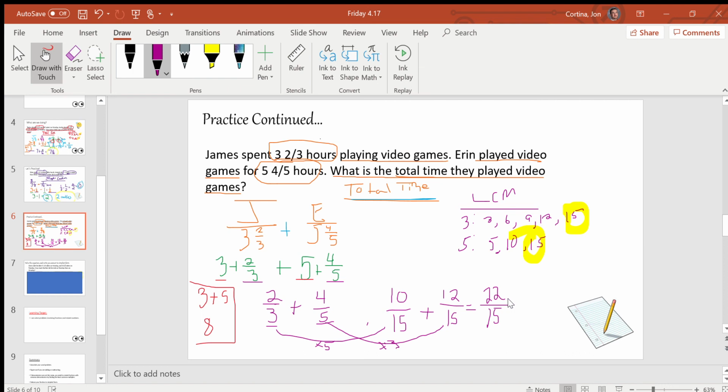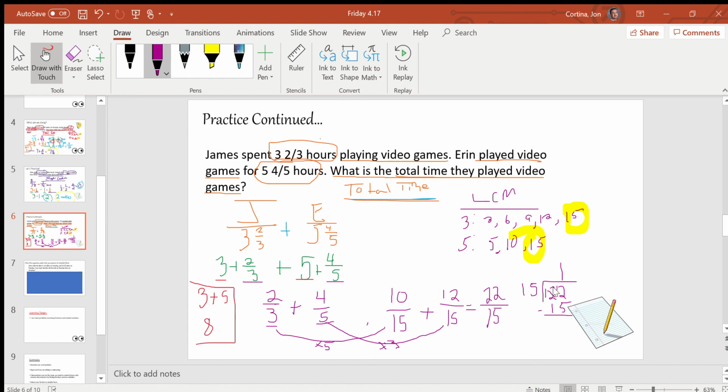So we're going to divide and change it into a mixed number. 22 divided by 15. I know that 15 can go into 22 only one time. When we multiply, we get 15. We're going to subtract 2 minus 5. I can't do, so I'm going to borrow. That turns into a 1.